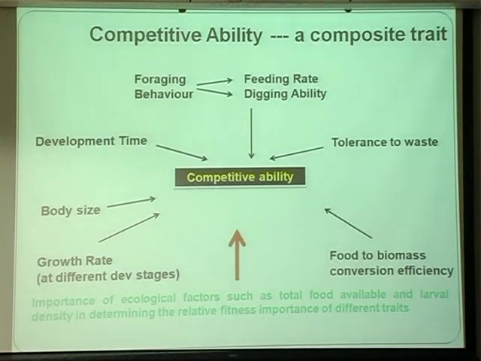So essentially the idea here is that the relative importance of these fitness related traits depends on the ecology. Which of the traits will lead to a certain trajectory depends on what ecology you are in. So here I'll tell you about whether the total food available, or the larval density, or the interaction between these two factors is leading to a particular trajectory.